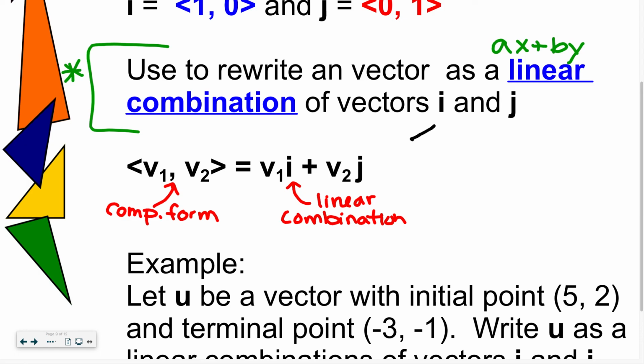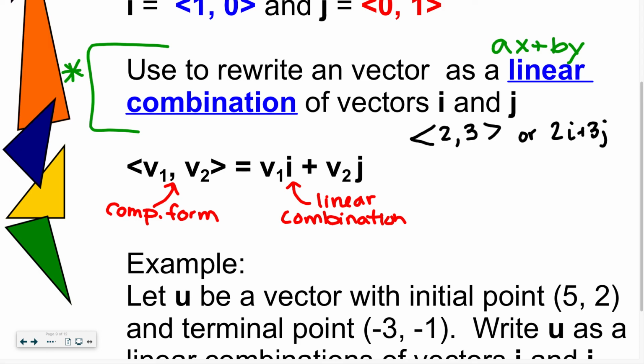If I gave you 2, 3 in component form, we could rewrite that as 2i plus 3j. They are the same thing. I don't have to do any work.